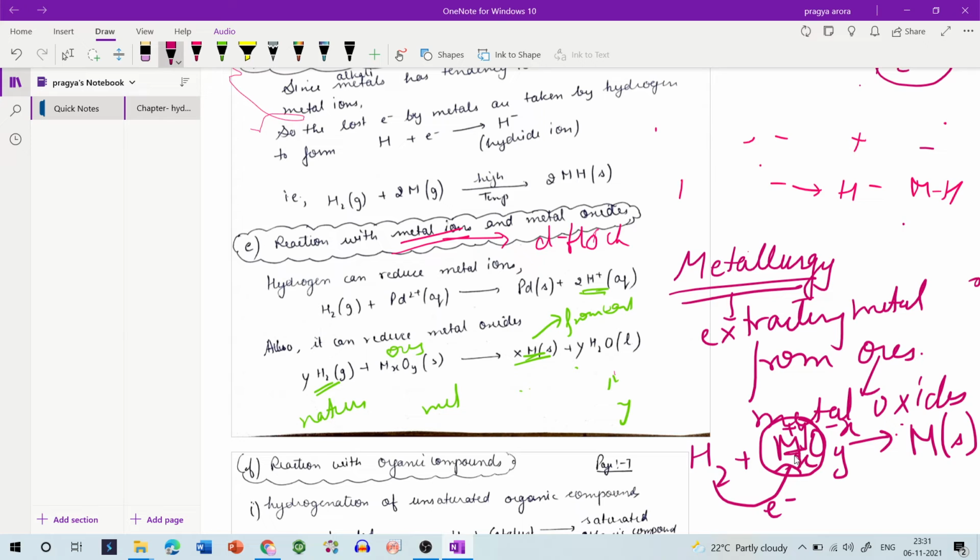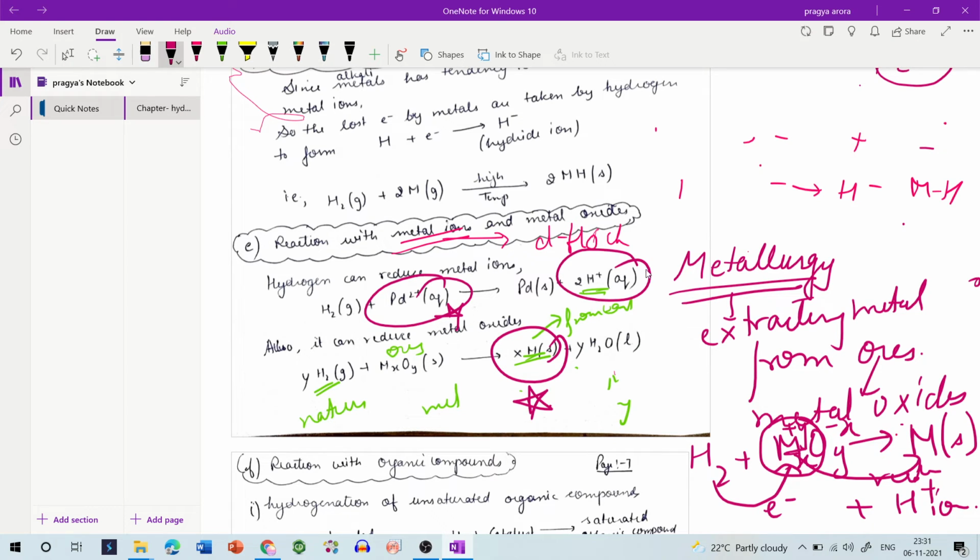This metal ion will get reduced after gaining electrons, while hydrogen will lose its electron to convert into H positive ions. That's how we extract metal from the earth's surface, and whenever hydrogen reacts with any metal ion, it will donate its electron and convert into H plus ions, and that ion will be reduced to metal.